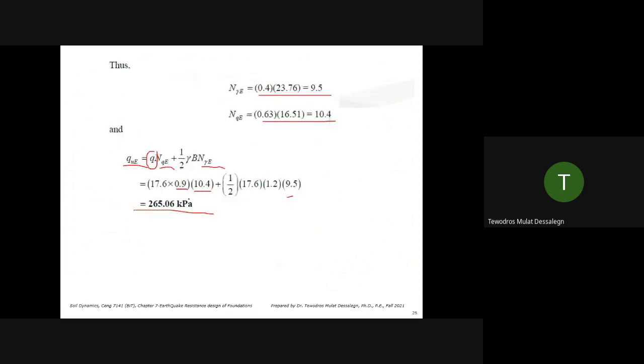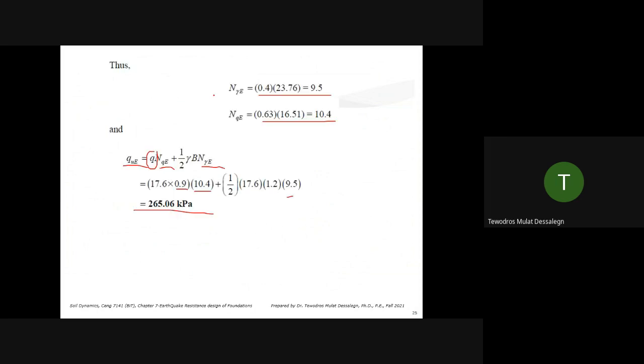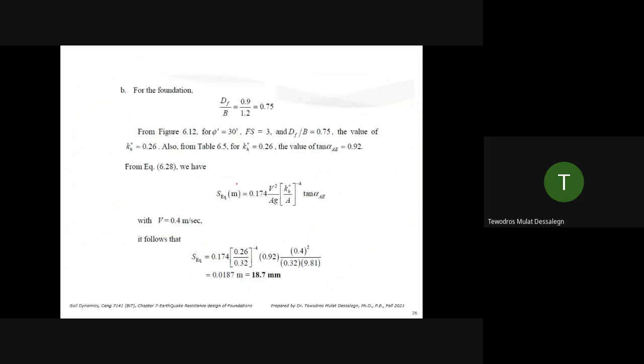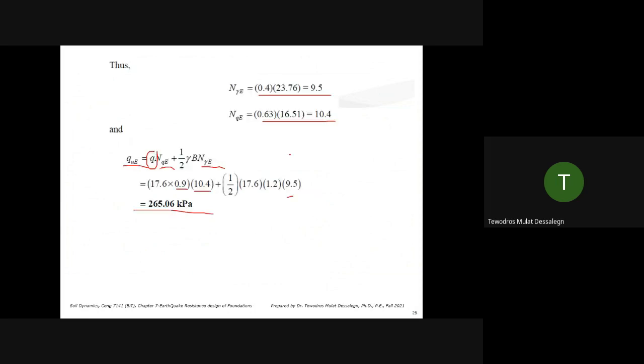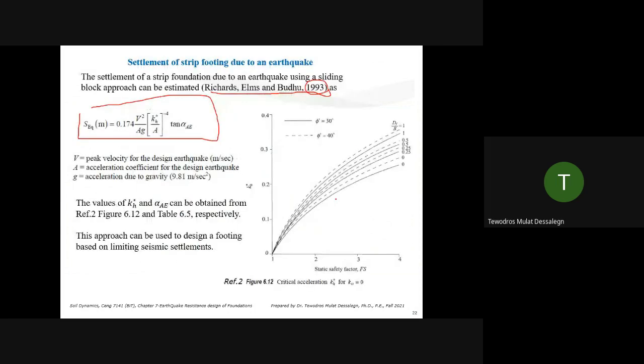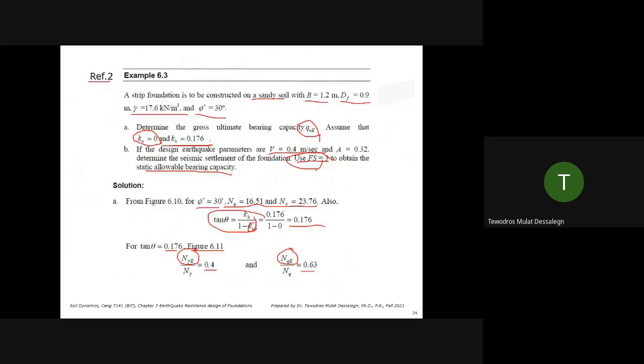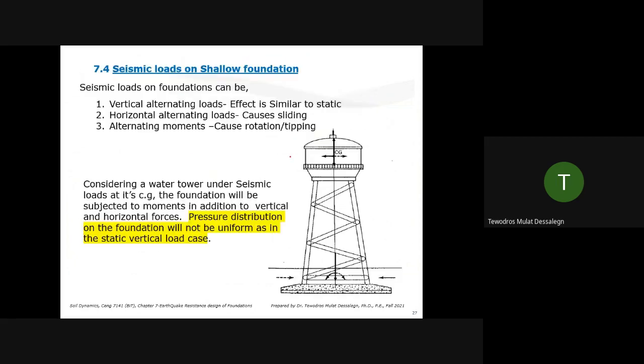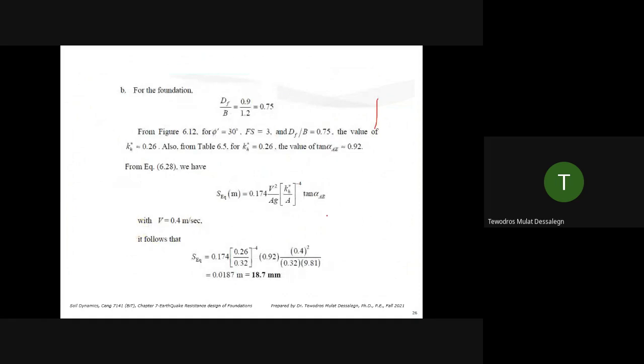If you do the static portion only, you should find it different from here. So this is the settlement portion. You can go to the same exercise. I already provided you the graphs, but you can practice and see how you do the settlement and the bearing capacity for this case. You can run the numbers and get your settlement.